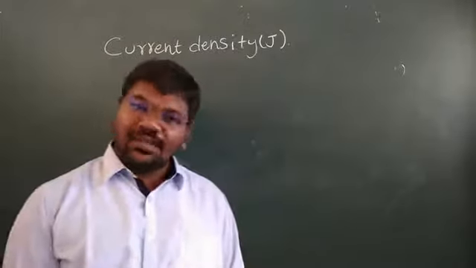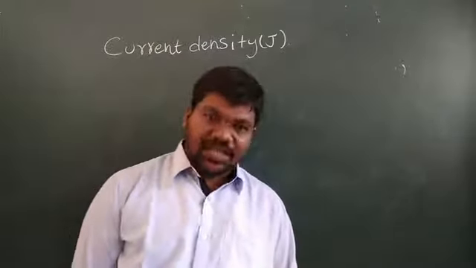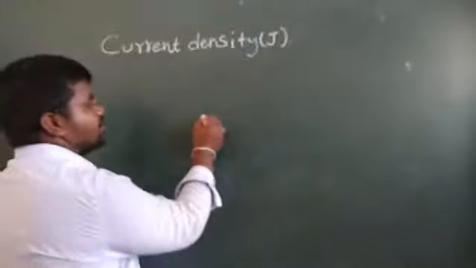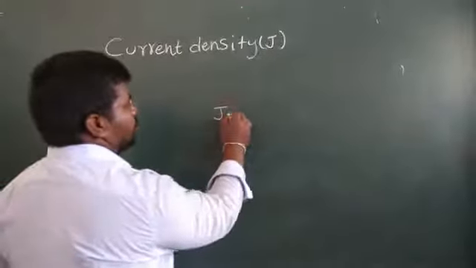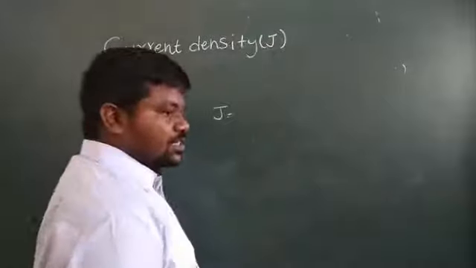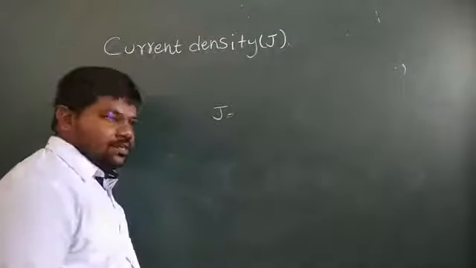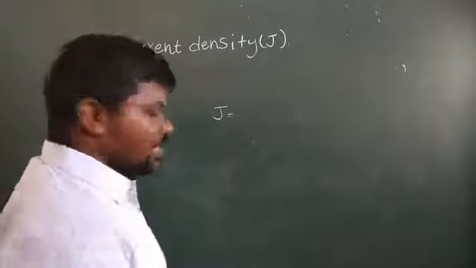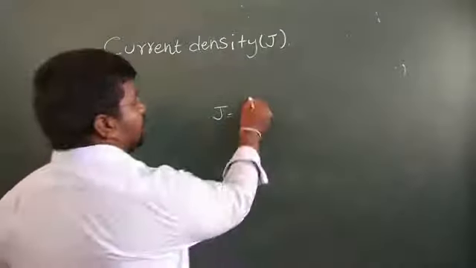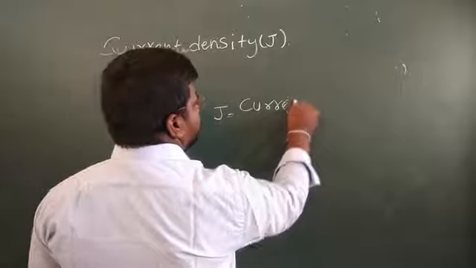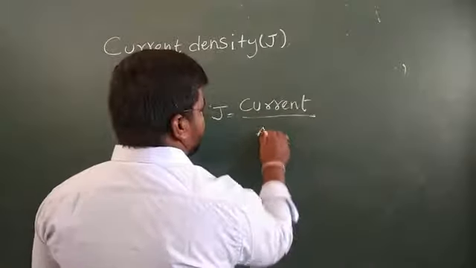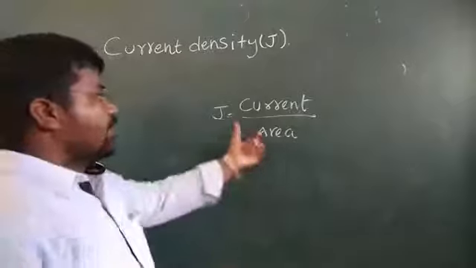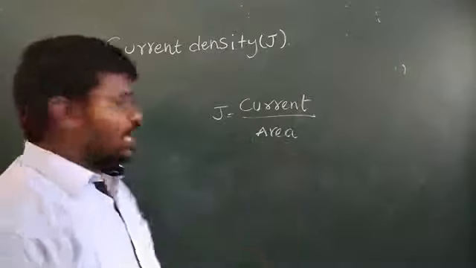Current flowing in a conductor per unit area is called current density, that is, current passing through a unit cross-section area.